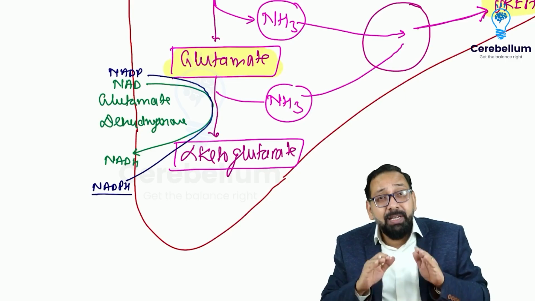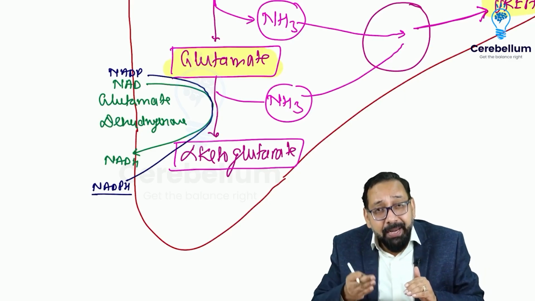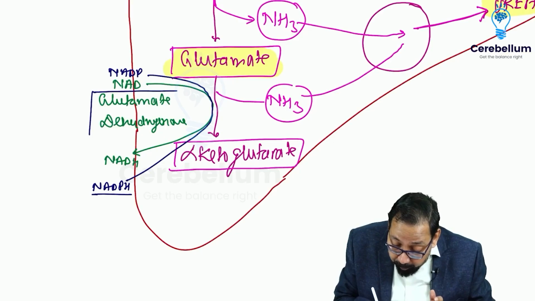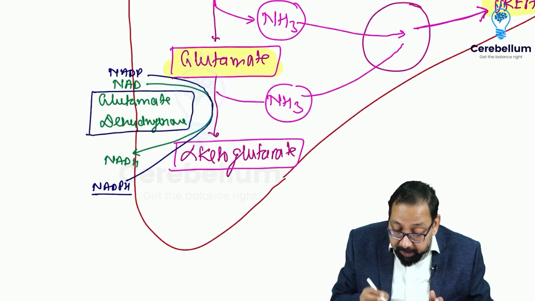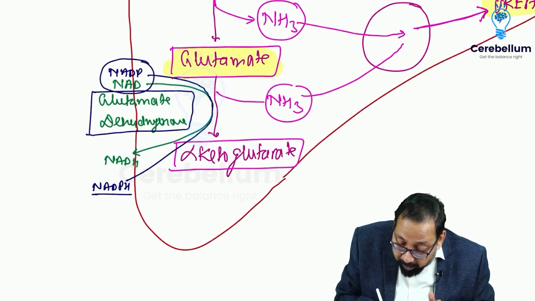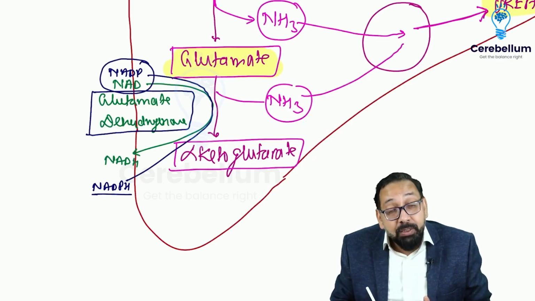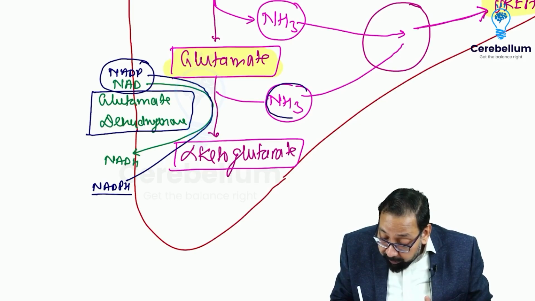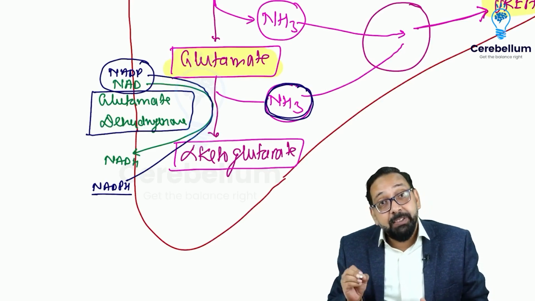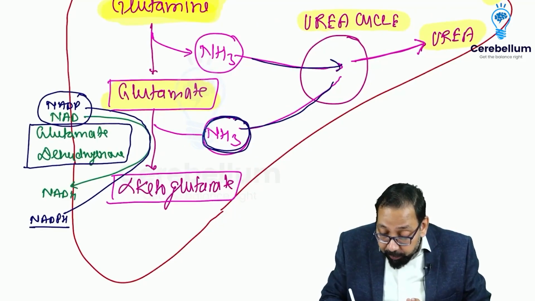Usually the dehydrogenase hydrogen acceptor is either NAD or NADP, but the special property of glutamate dehydrogenase is that the hydrogen acceptor may be both NAD and NADP. Removal of hydrogen is oxidation, removal of ammonia is deamination. This is an example of oxidative deamination, and this ammonia is produced in the liver and takes part in the urea cycle.